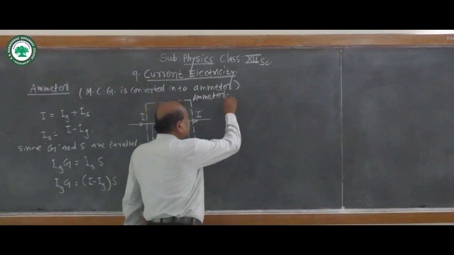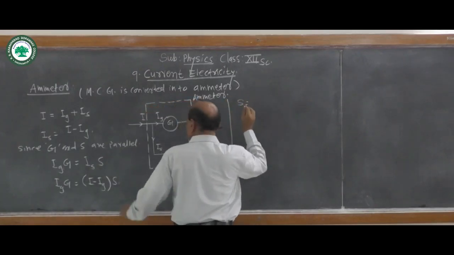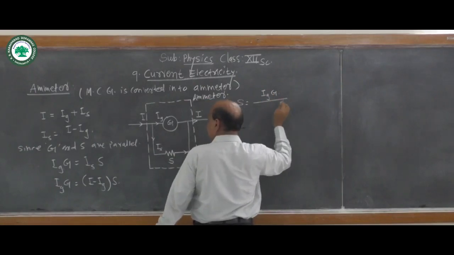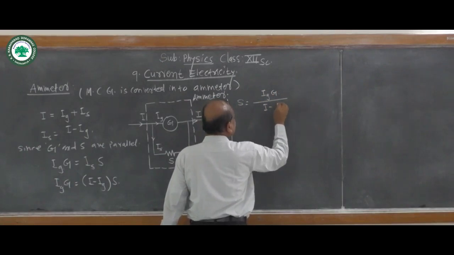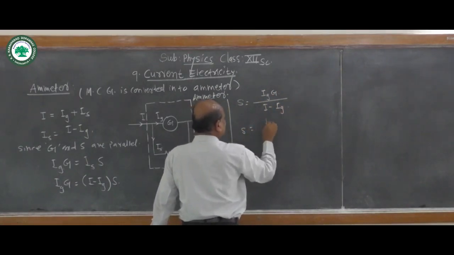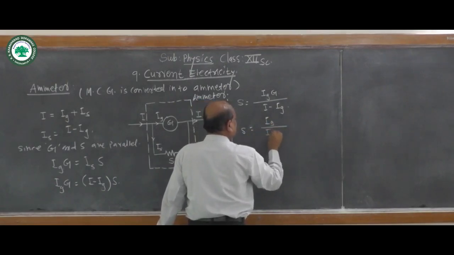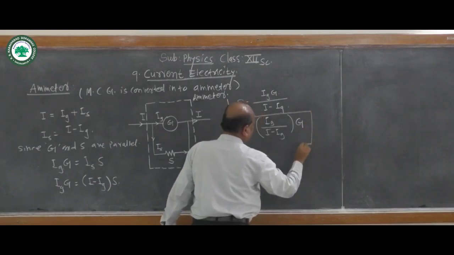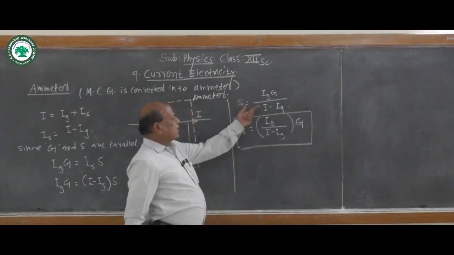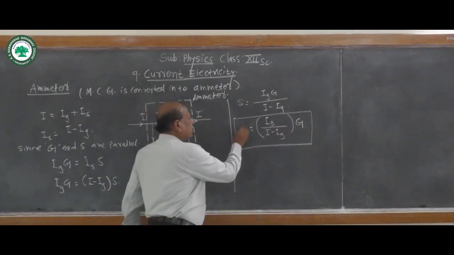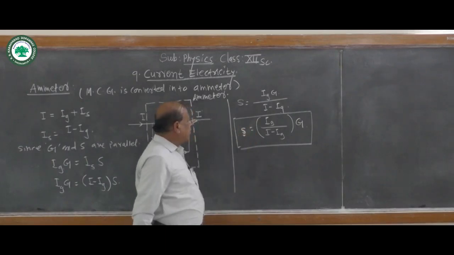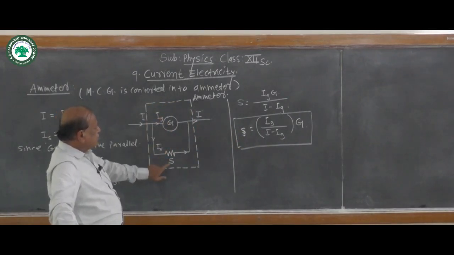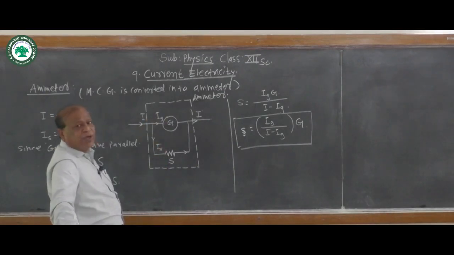Now to obtain the equation for S, S is equal to Ig into G divided by I minus Ig, or S is equal to Ig upon I minus Ig in brackets, into G. Now substituting the values of Ig, I and G, we can calculate the value of S. And this particular value of shunt resistance S is connected parallel to the galvanometer and it is converted into an ammeter.